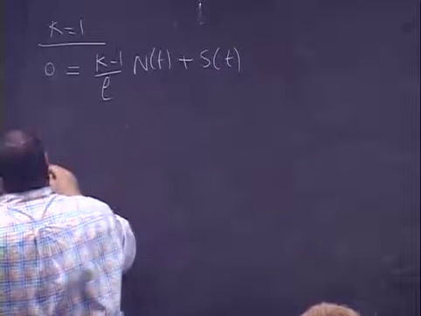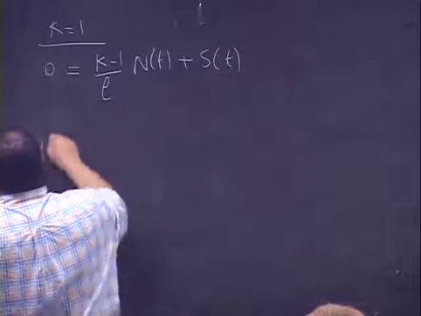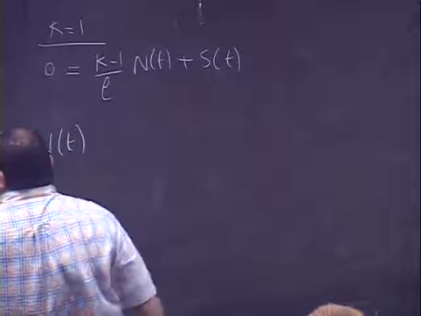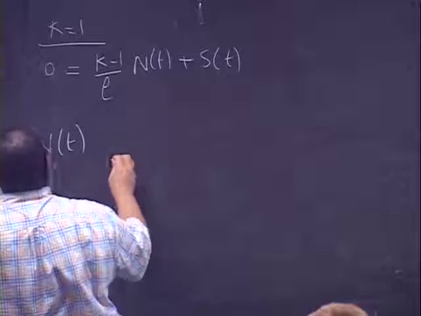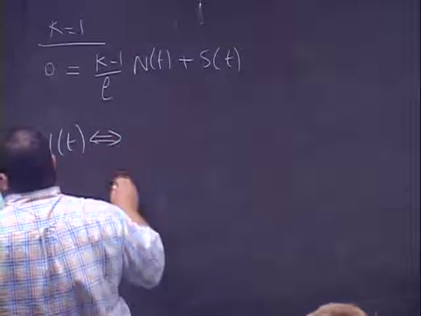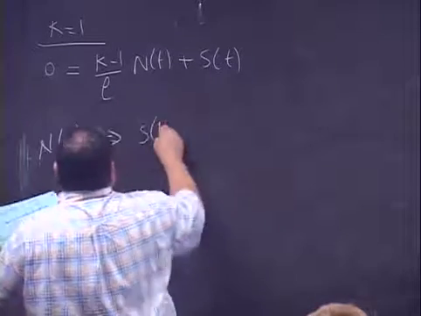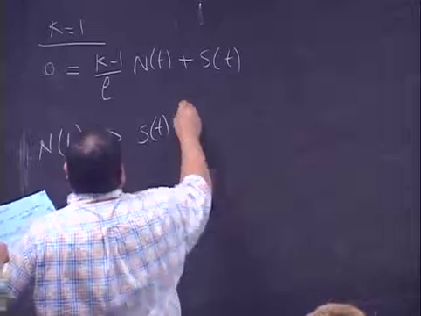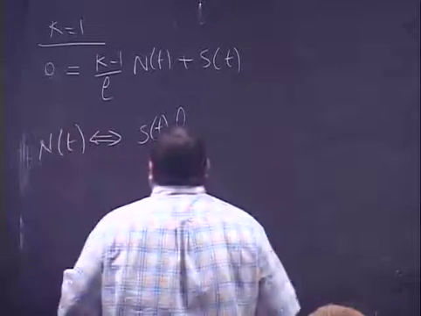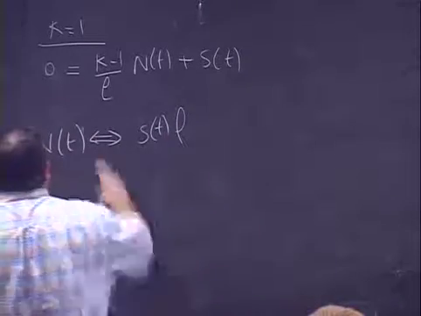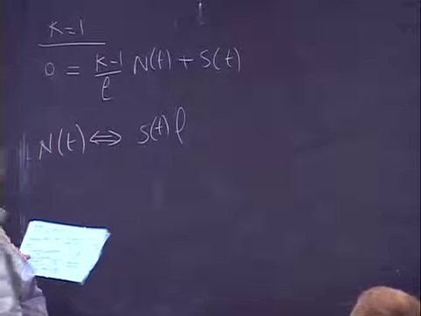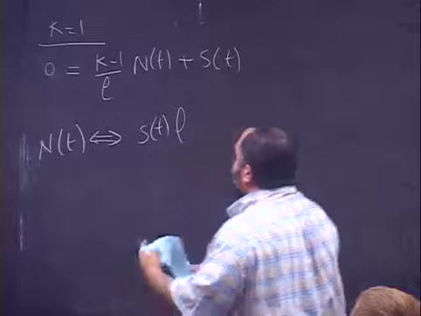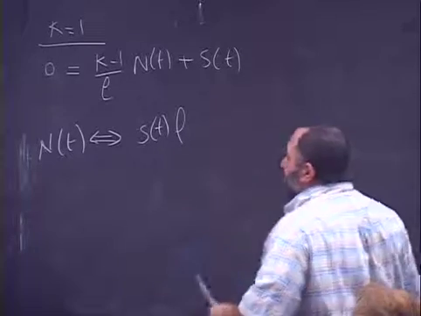This will give you n of t equal to S of t multiplied by L, where k is, let's say, very, very near to 1. Again, there is no unique solution for this case.